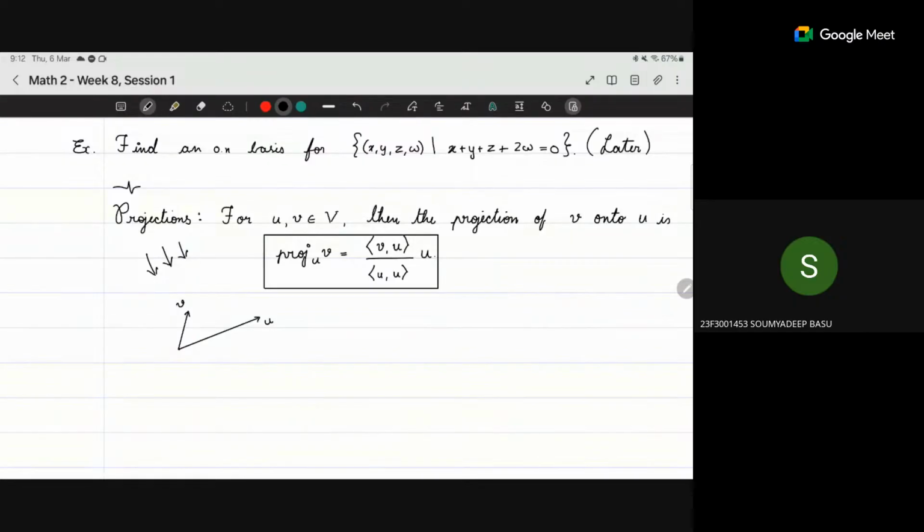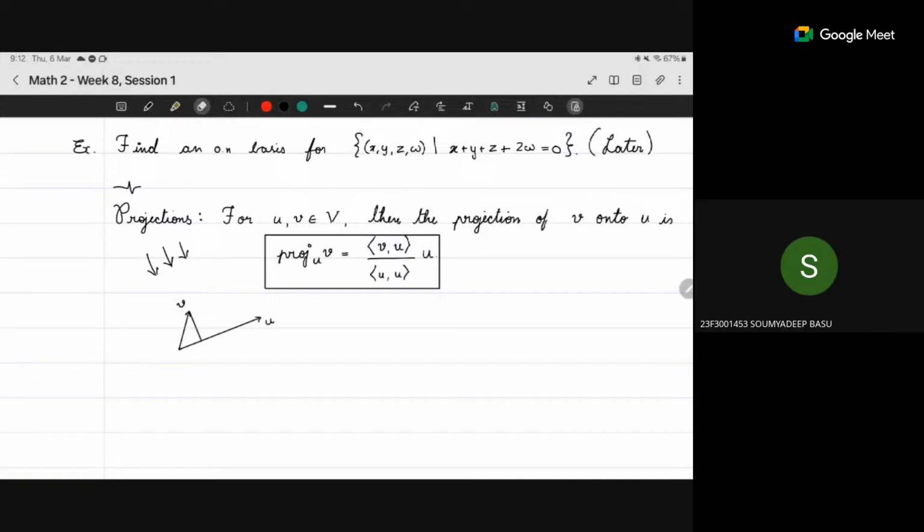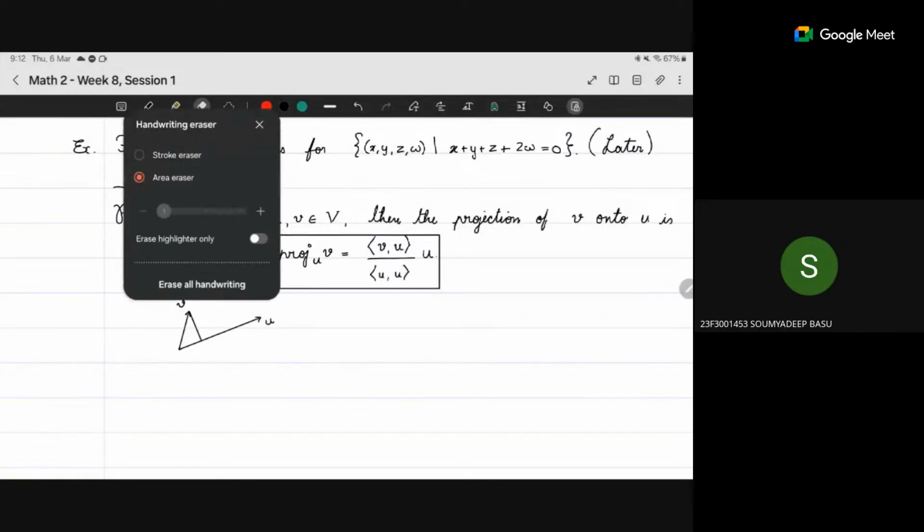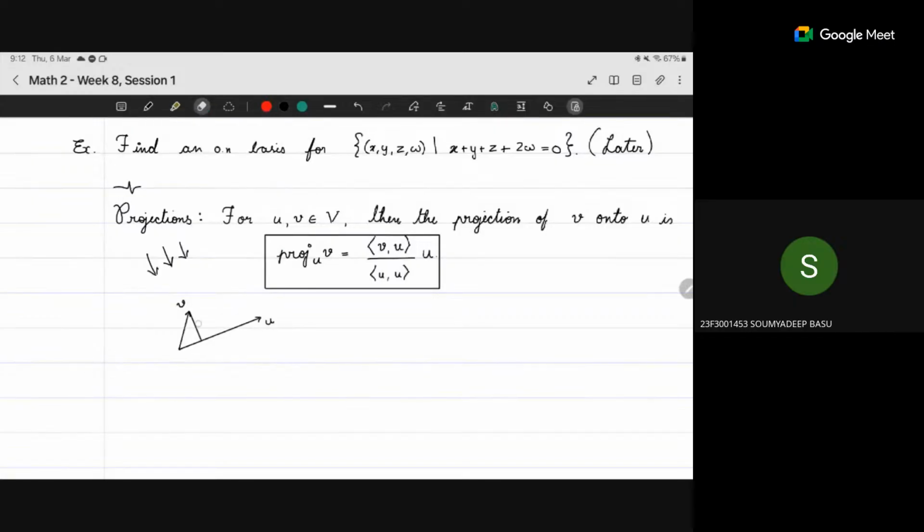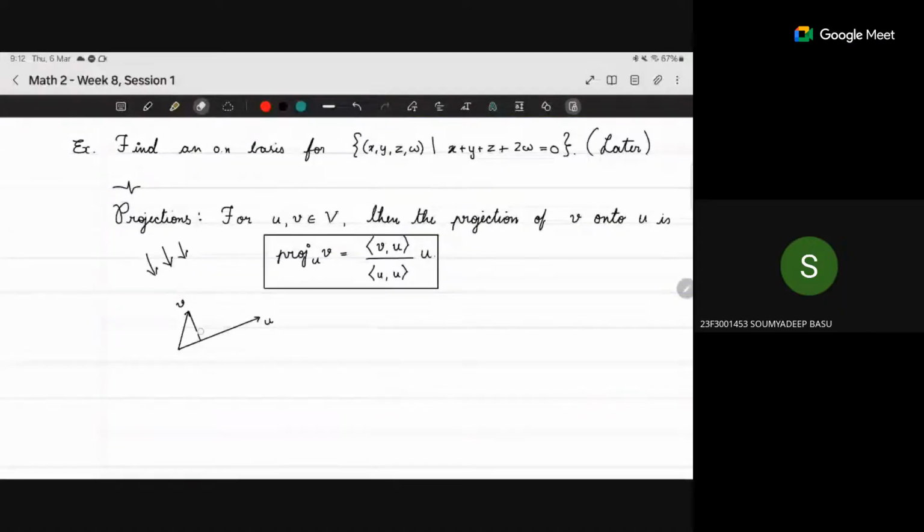So if there is light falling over here, you look at this straight line, and this vector is called the projection.